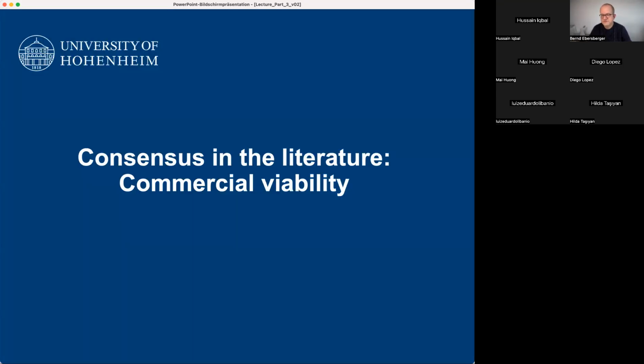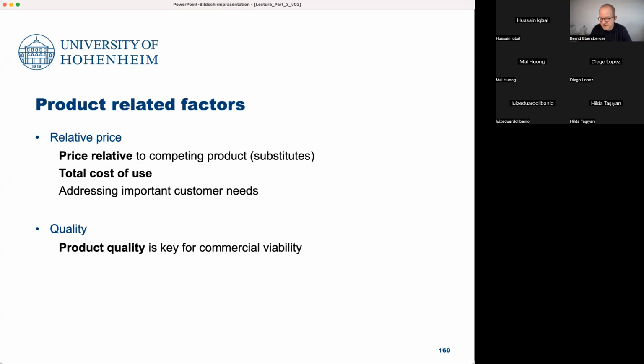For commercial viability, it's again microeconomics, the relative price of your innovation. So the relative price relative to competing products, to substitutes, is incredibly important for commercial viability.